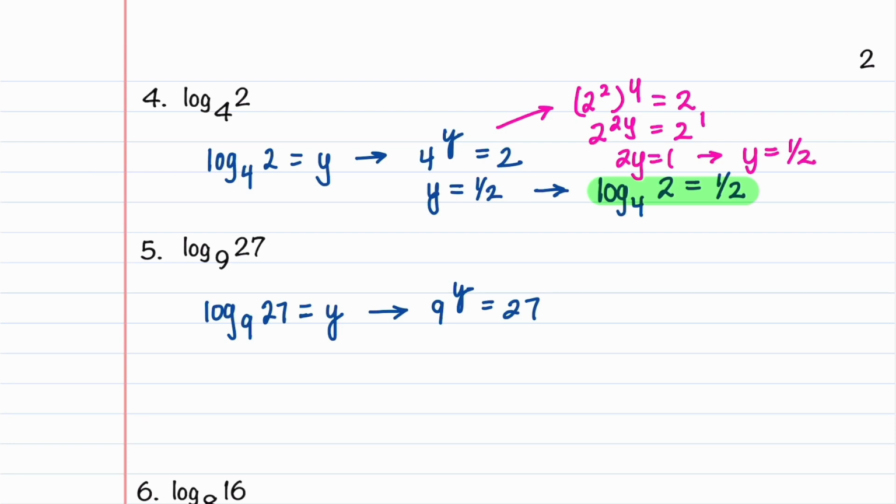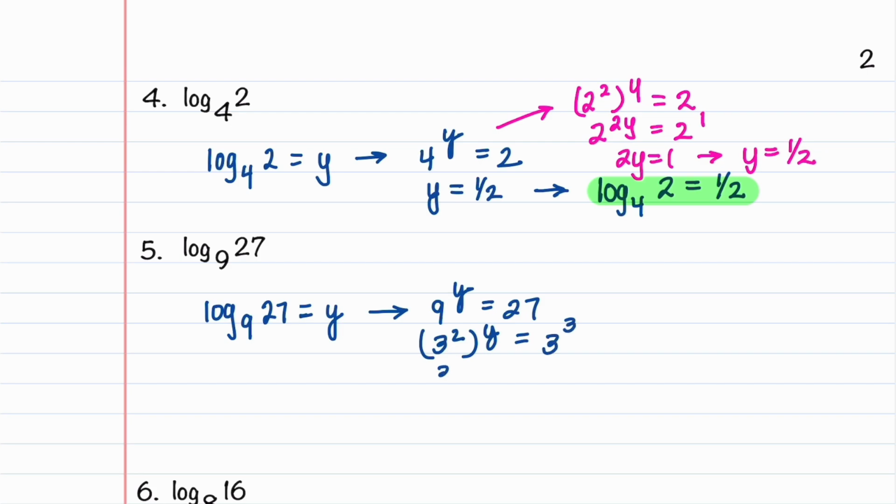What we have to do for problems like this is we have to get both 9 and 27 written in terms of the same number. 9 and 27 can be written as powers of 3, so that's what we're going to do. We're going to write 9 as 3 squared raised to the y, and then 27 is 3 cubed.